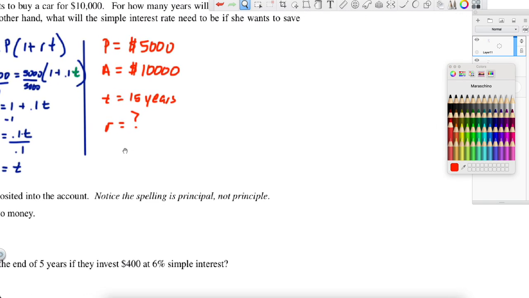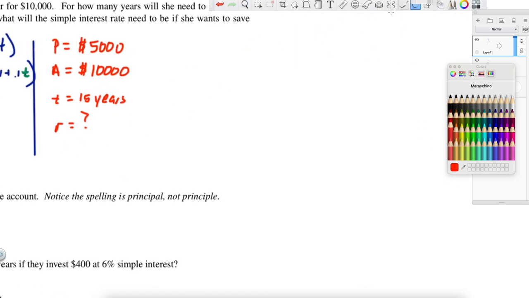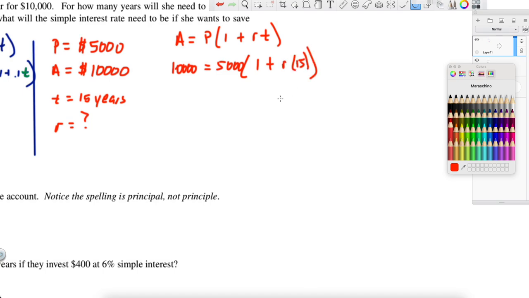Let's take a look at this part right here. So we were asked, what does the rate need to be to achieve her goal in 15 years? So we got 10,000 equals 5,000 times 1 plus r, and our t in this case is 15. Okay, now solving for r this time.